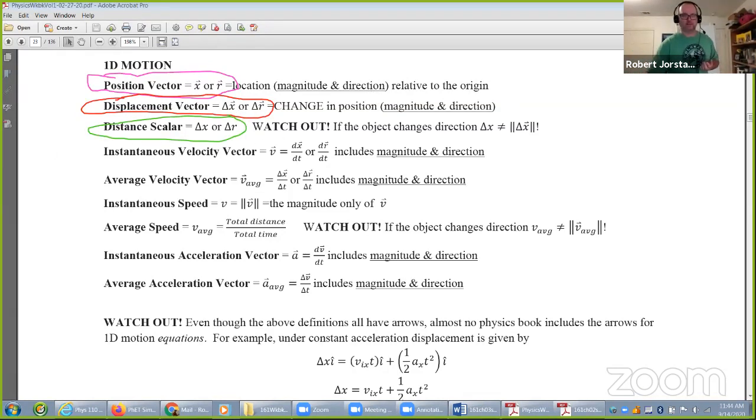There's no vector. I tried to emphasize that by saying this is a scalar. Similarly, students also really want to watch out for the difference between velocity, and notice that's a vector, versus speed.